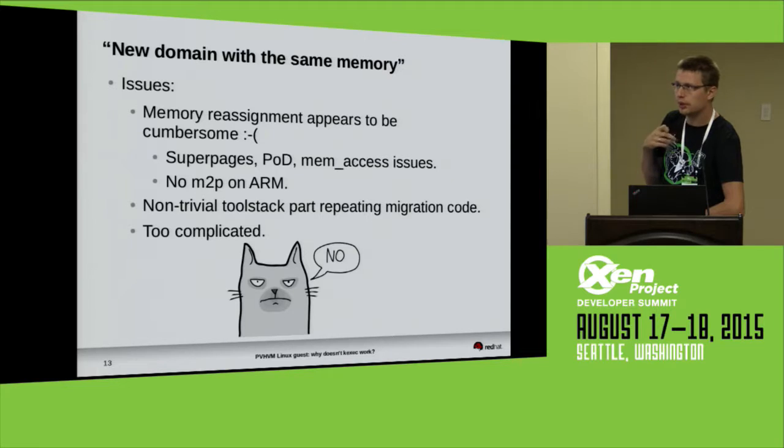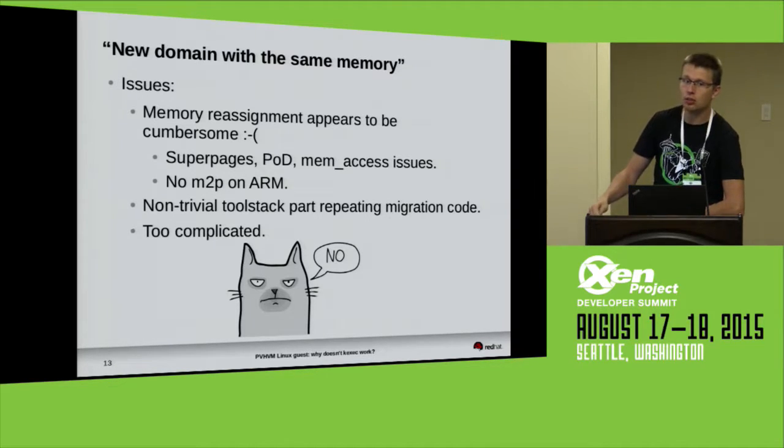There was an issue with mem access, because if there is an external tool which watches some events from some pages, what do we do on these pages' reassignment? Do we copy all these mem access attributes or do we clean them? Isn't it a threat from a security perspective?